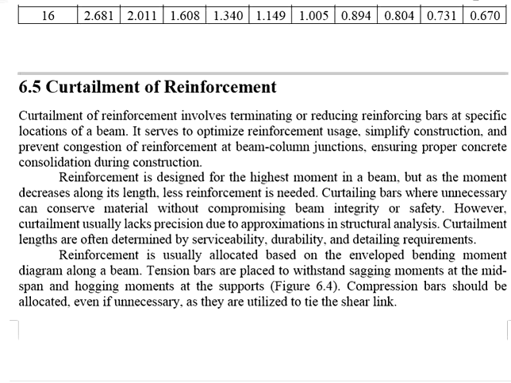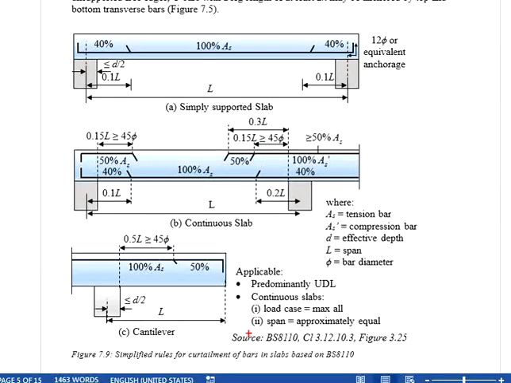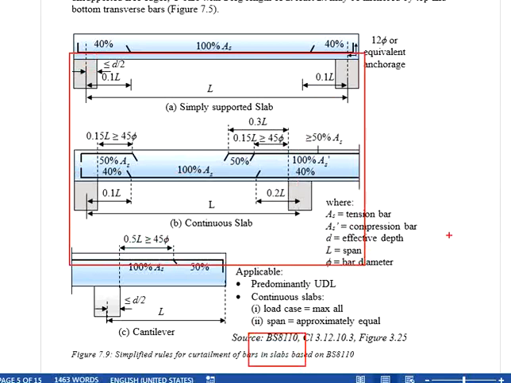Next, where do we often see curtailments of the reinforcement? Normally we do curtailment in beams and also slabs. There are references guiding you how to do the curtailment based on the simplified approach, which is applicable for the beam and also for the slabs, which differ slightly.